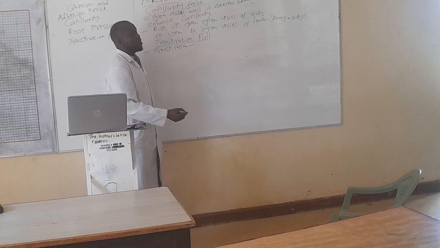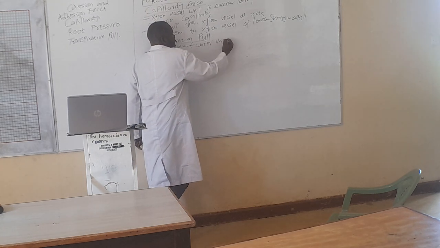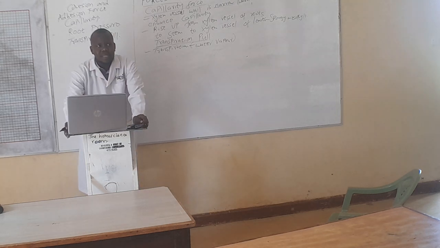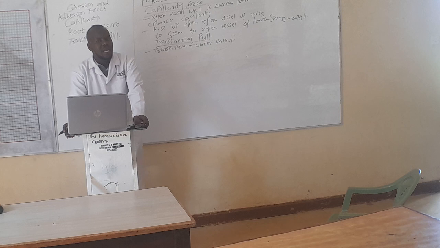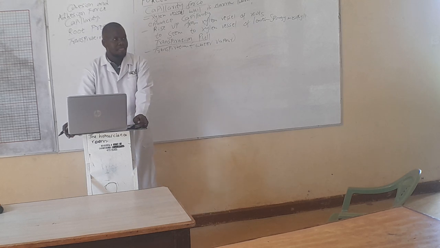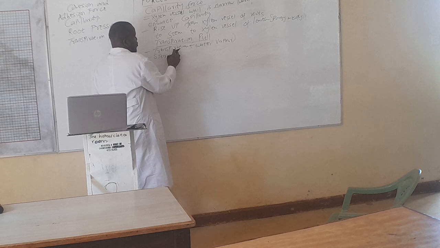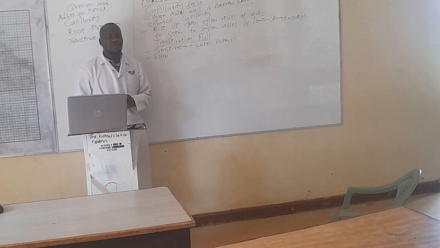Water is lost in the form of what? Water vapor. We lose water in the form of water vapor, and the spongy mesophyll, that's the airspace, becomes highly concentrated. So we are saying transpiration will take place. That's how we explain transpiration.